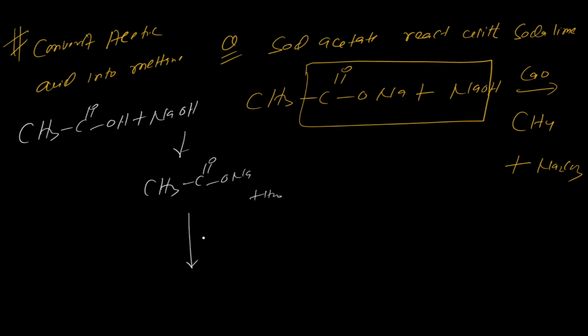Further, sodium acetate will react with soda lime, NaOH plus CaO, and give you CH4 plus Na2CO3. So the question can be asked indirectly: conversion of acetic acid into methane, or what happens when sodium acetate reacts with soda lime.